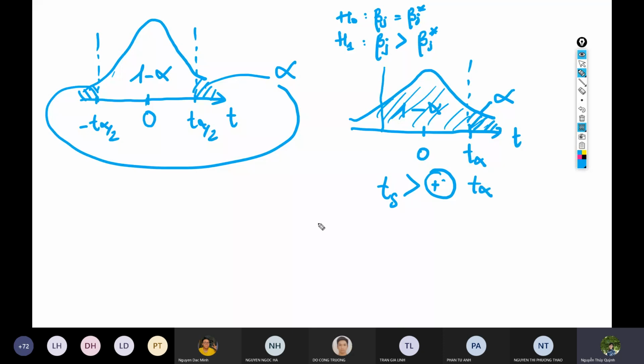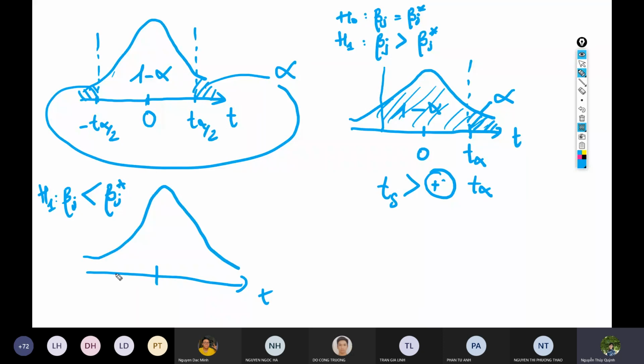But for the one-sided test where H1 is beta zero less than beta zero star, then the rejection zone must be a small area, which means we have here minus t alpha. This one is 1 minus alpha, and this one is alpha, and this is the rejection zone.